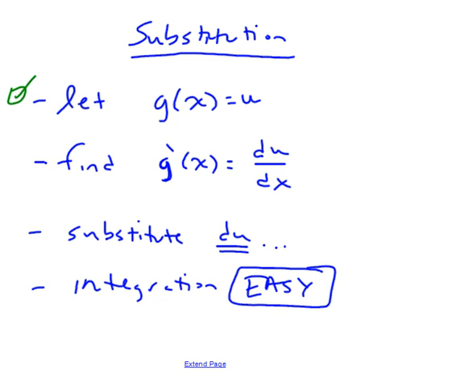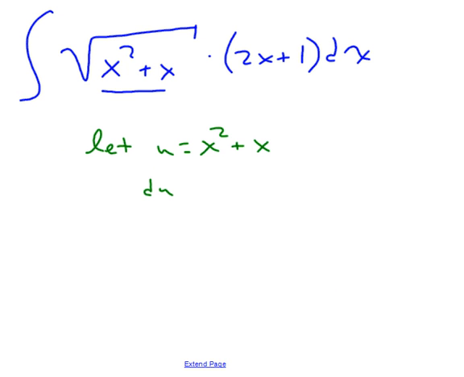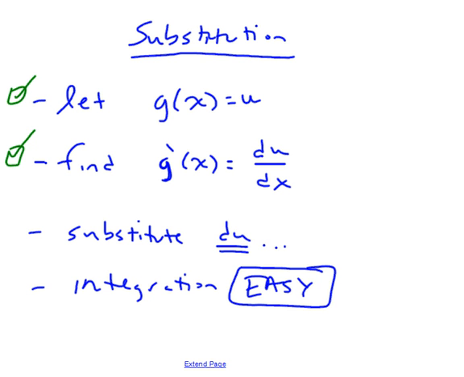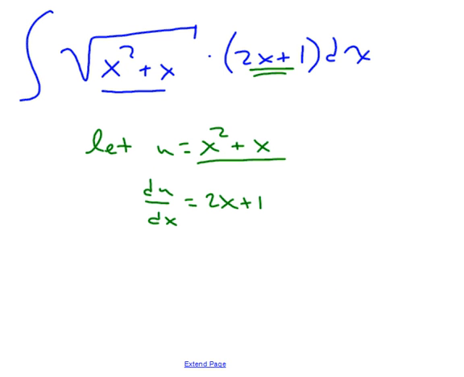Now we're going to take the derivative. So we have du dx equals, well, take the derivative of this side, 2x plus 1. Notice that's showing up here. And now we need to find du. So du equals 2x plus 1 dx.